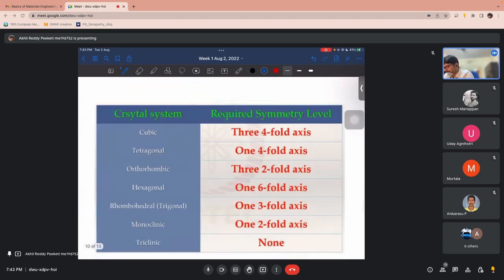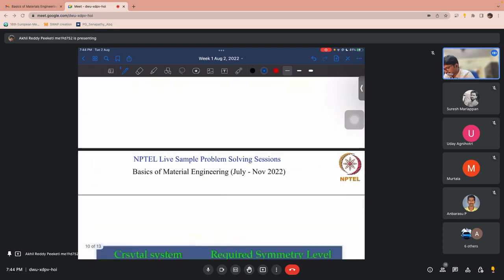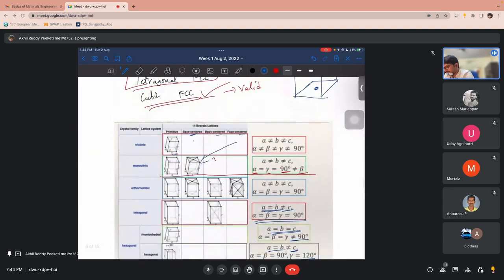So that's why cubic will have three directions, and because you get it by 90 degrees rotation, you have fourfold axis symmetries. Like that, each crystal system has different folding symmetries. And triclinic, where no dimensions are equal and angles are not equal, doesn't have any symmetry.